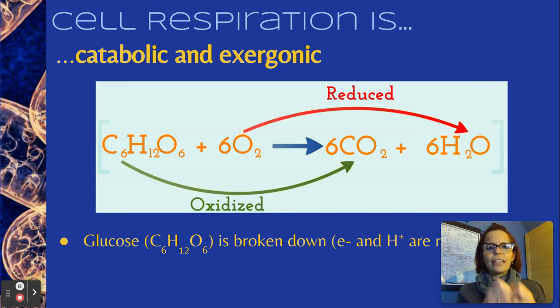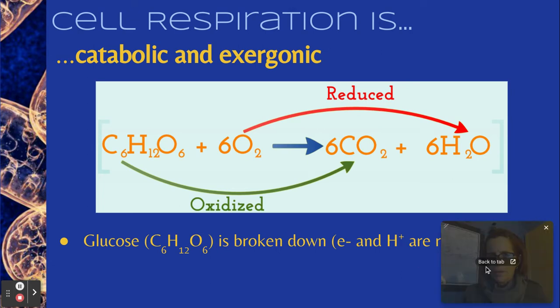It's going to harness that energy to build ATP, and the building of ATP is an endergonic reaction. So we're coupling cell respiration with the formation of ATP so that we can build ATP molecules that are going to power all of the reactions that happen in our bodies.